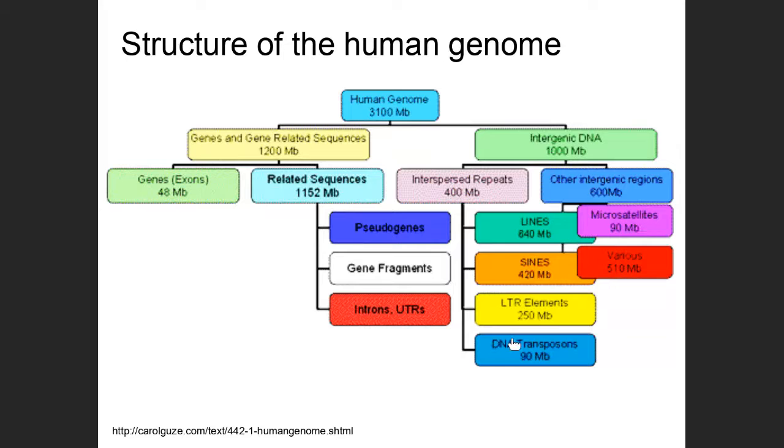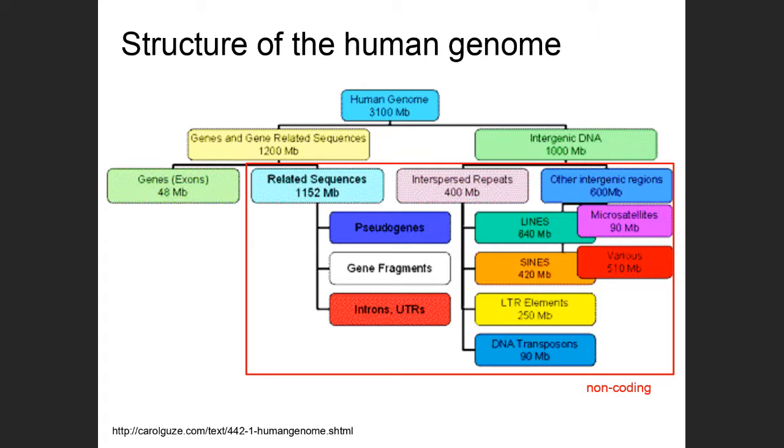So this I am going to refer to when I talk about transposons and retrotransposons. But that's the overall genome sequence of humans, and all of this is non-coding. So the only coding is this stuff here. It's pretty amazing. All right, do you guys have any questions?